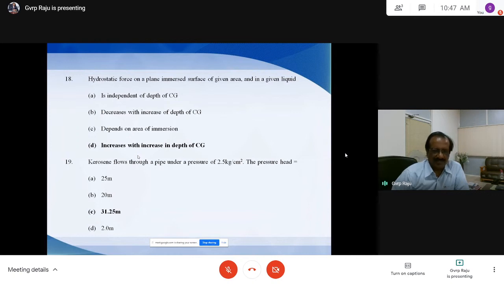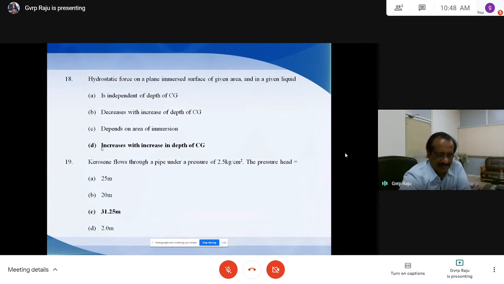The force for a vertical plane surface, or anything, horizontal or vertical, is W A x bar. Area is constant for the surface and specific weight is constant, the only variable is x bar. And the force is proportional to x bar. The more the CG distance, the more the pressure, so the hydrostatic force increases.